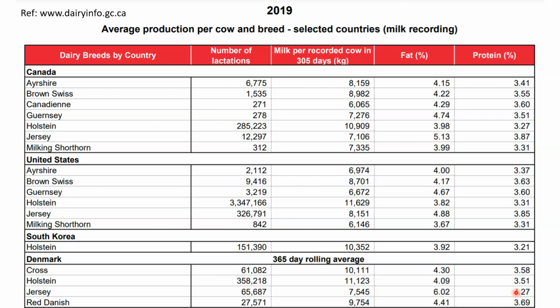That's what I'm trying to show you. So this doesn't happen randomly. How do you think this has happened? Big difference. 6% fat versus 4.88. 4.27 protein versus 3.85 protein. What do you think is causing this difference? Pause the video and think for a second.